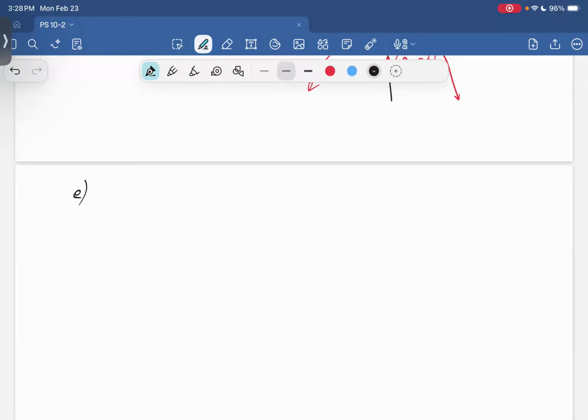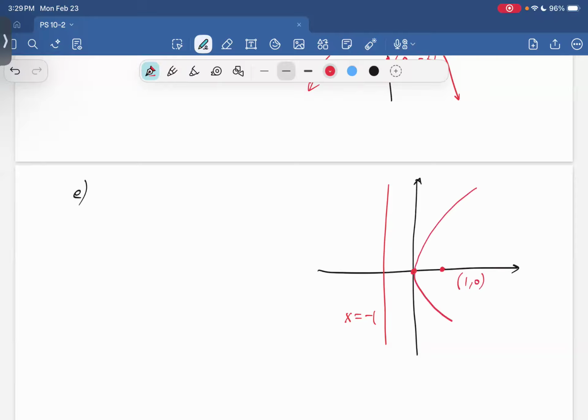Question E, x equals -1 is our directrix. Our vertex is at the origin, so that means our focus must be at 1, 0. So we have a horizontal parabola, so we use the y² equation.